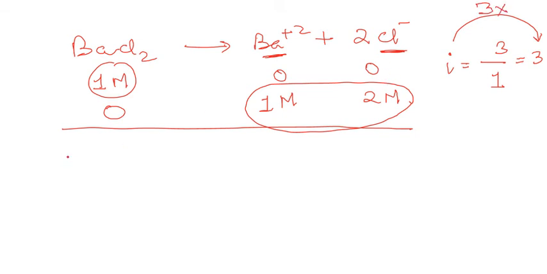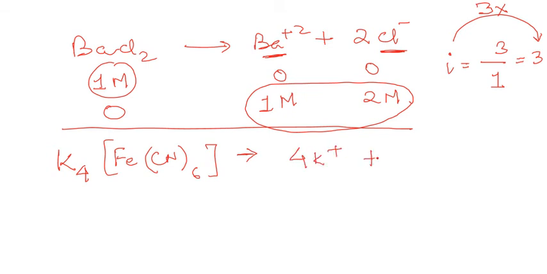If we take some other complex ions, as an example, let's say potassium hexacyanoferrate, it will give us 4 potassium ions and 1 hexacyanoferrate ion with a 4 minus charge.